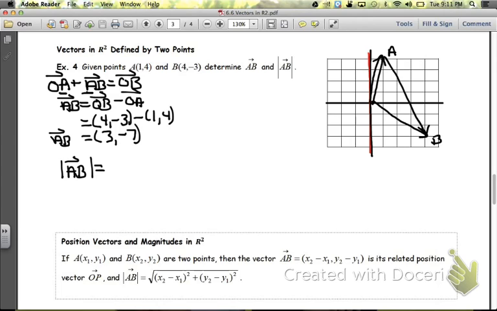Okay, so we can write this out if we'd like. It's just the square root of x2 minus x1 squared plus y2 minus y1 squared.